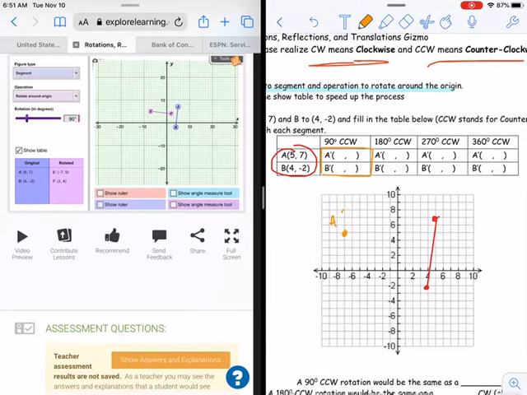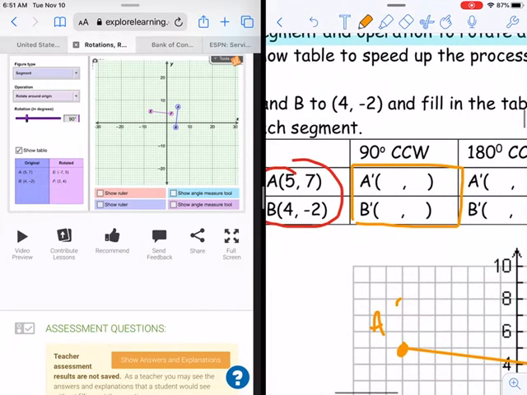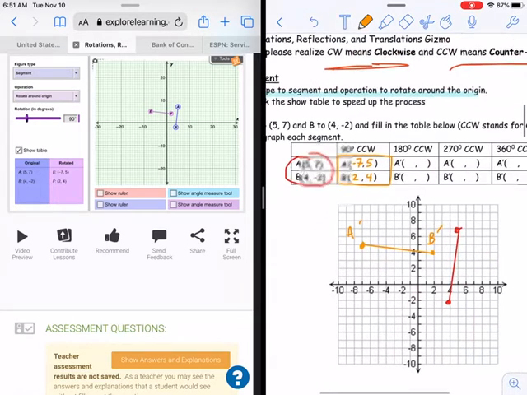And then B prime is at 2, 4. So boom, right there. -7, 5, 2, 4, and let me even label these points as A and B. So we're just getting more practice.